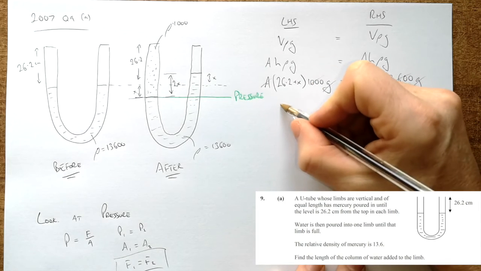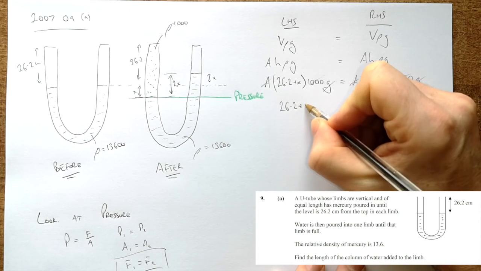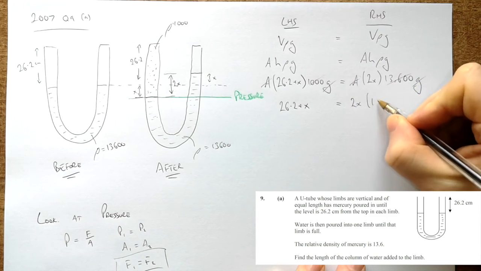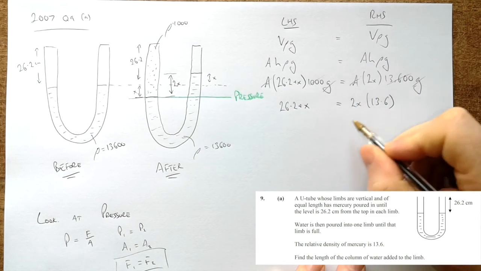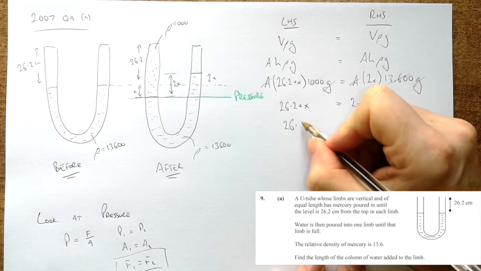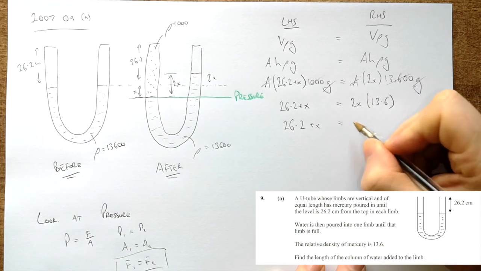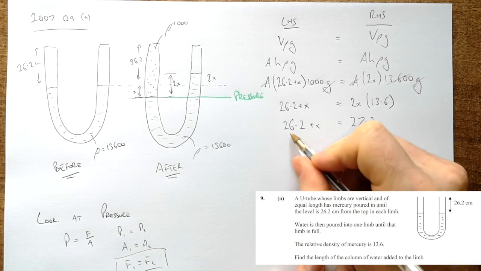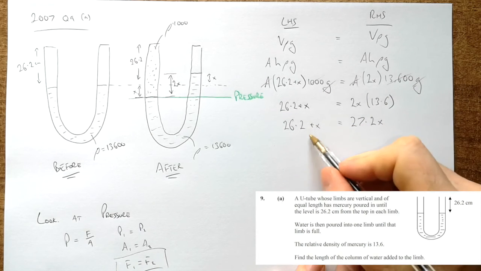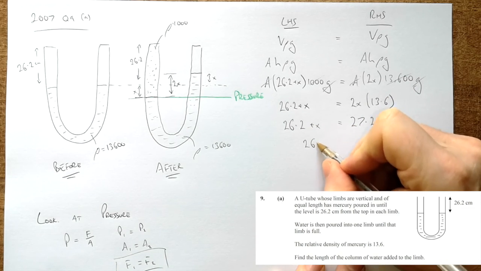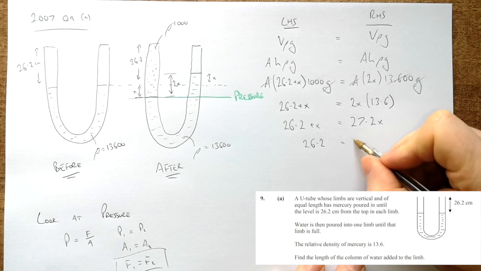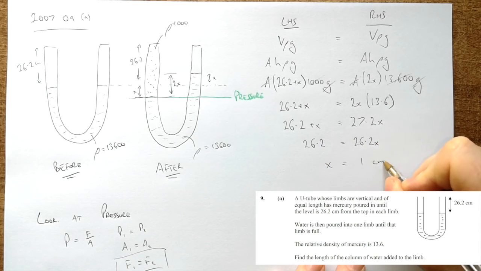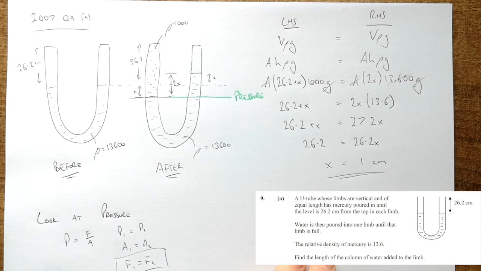So that is 26.2 plus x equals 2x by 13.6. Multiply that by 2 and you're going to get 27.2. You see where this funny number came from? Take x from both sides: 26.2 equals 26.2x. x equals 1. And there you have it.